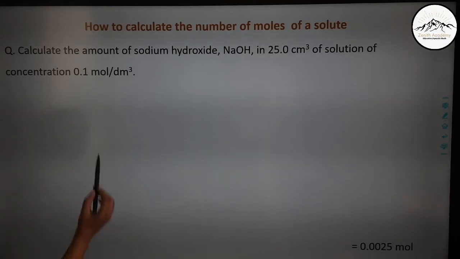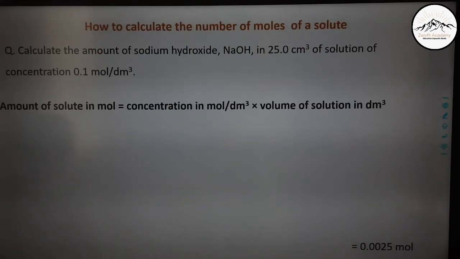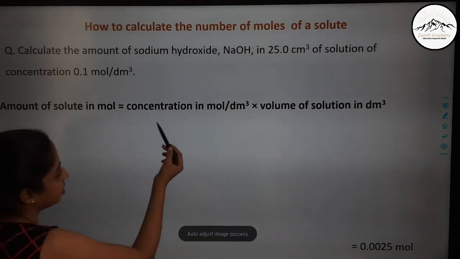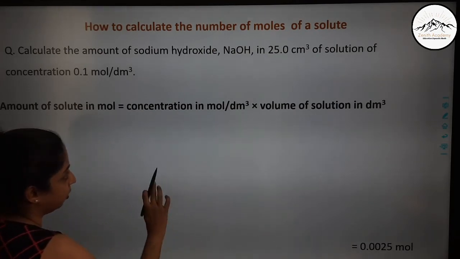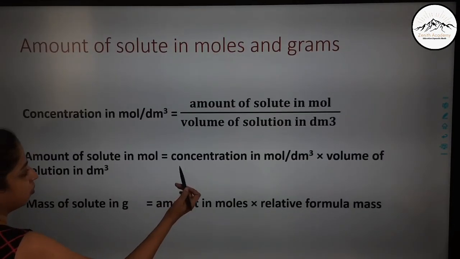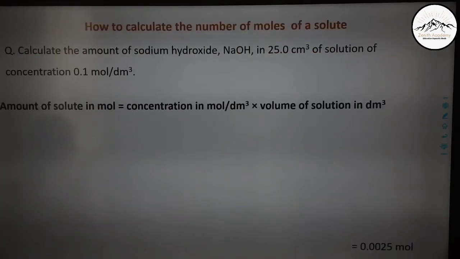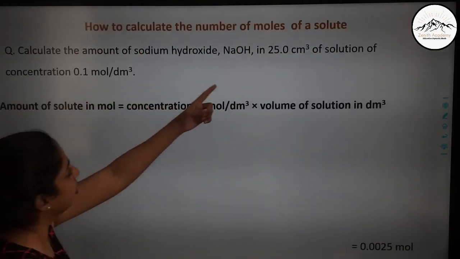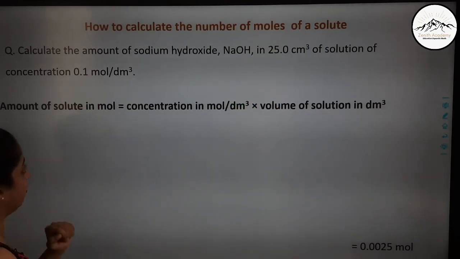The first is how to calculate the number of moles of a solute. So we know that amount of solute or the number of moles of solute is concentration in mole per decimeter cube into volume of solution in decimeter cube. We have done this here, concentration into volume. So now here what is the volume? 25 centimeter cube, and what is the concentration? 0.1 mole per decimeter cube.